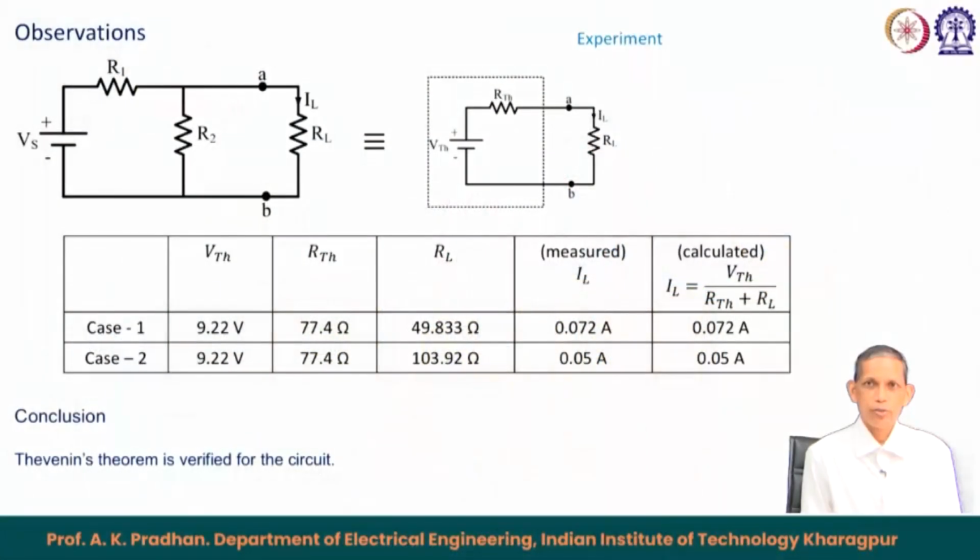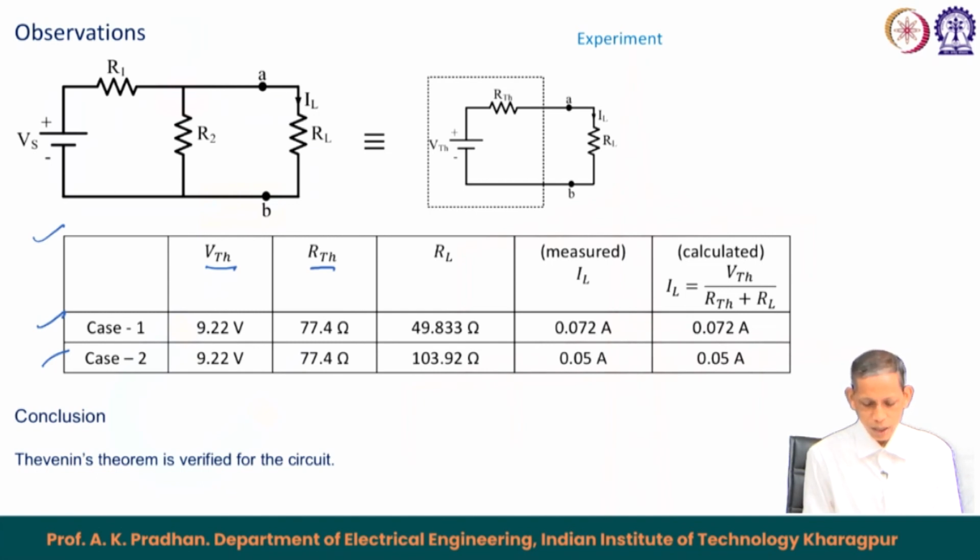As mentioned in the laboratory experimental setup, after taking the observations, we have tabulated the data in a table, and we have two cases, case 1 and case 2, for two different load resistances. For case 1, the VTH and RTH already obtained are 9.22 volt, the open circuit voltage at the AB terminals, and RTH of 77.4 ohm.